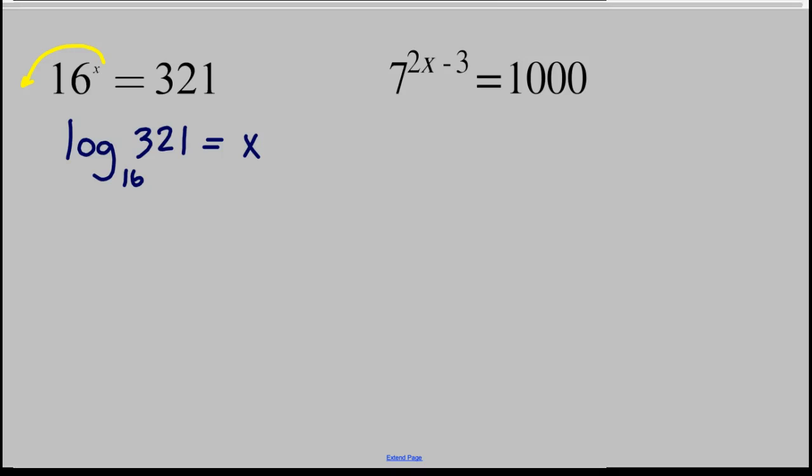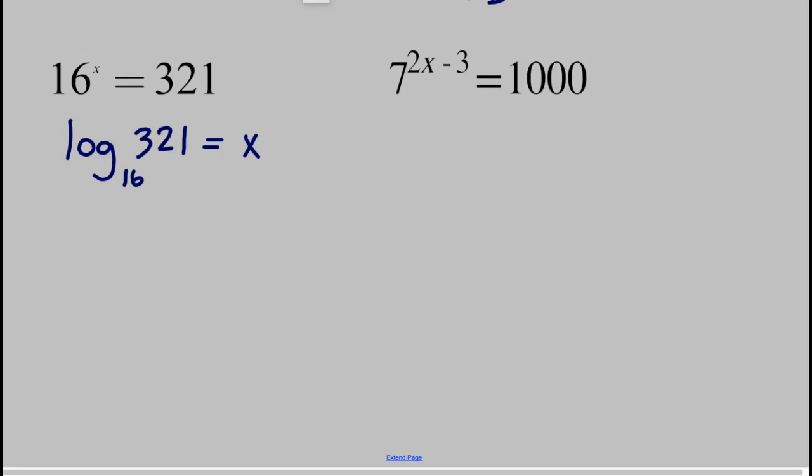So another way to do this, essentially, you could just rewrite it in exponent form if you have the calculator, and then you get your x, which is equal to 2.08, right? If you don't have that, you could log both sides of this equation.